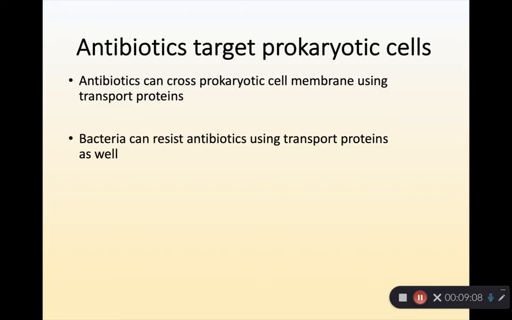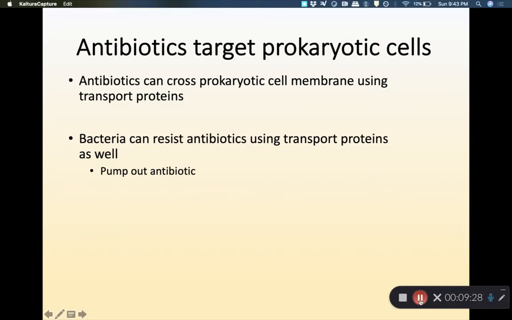Likewise, bacteria can start to resist antibiotics using transport proteins. So there's a little bit of a give and take that can occur between these mechanisms. You can quite literally pump out the antibiotic.